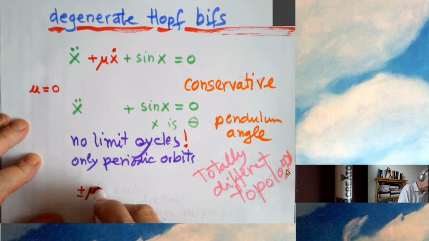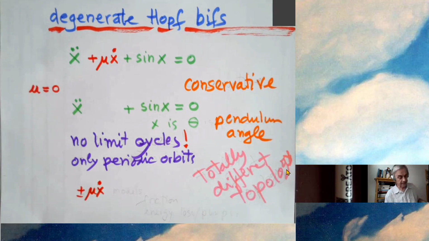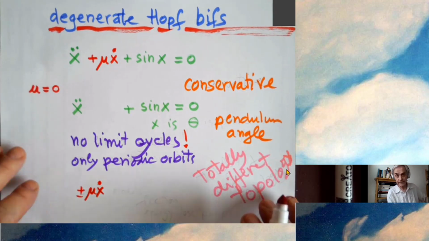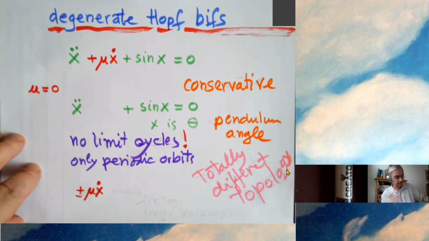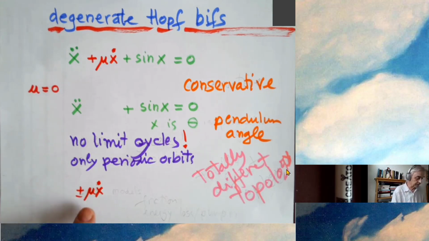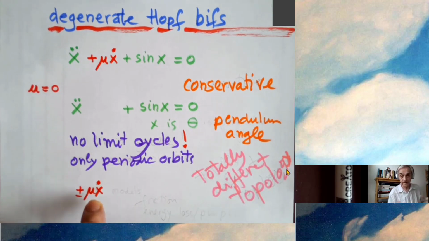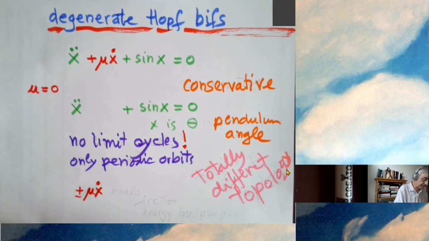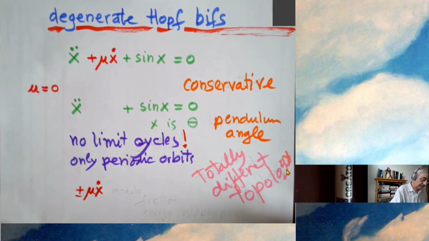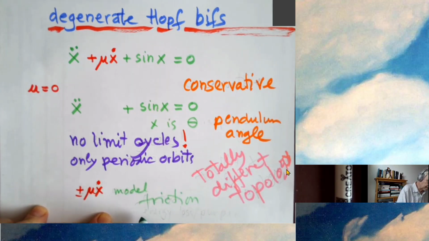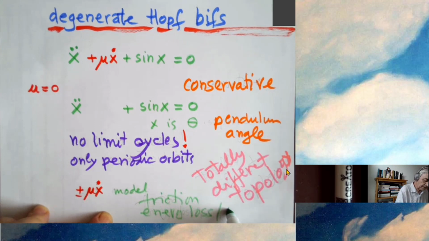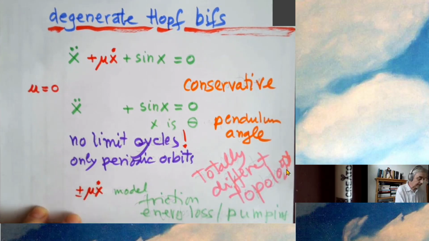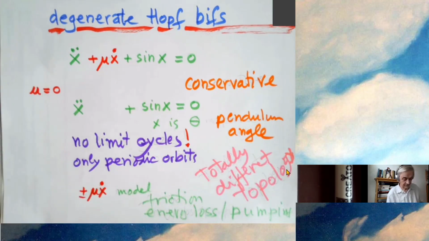You might find it useful. People do this in studying Eulerian energy-preserving fluid flows to put in numerical friction, just so things converge. So people find it useful to model friction or energy loss or pumping of energy by adding little terms to their equations.